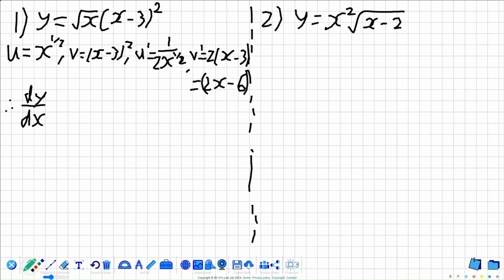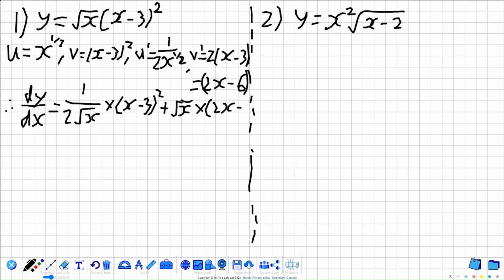I'm now properly using dy over dx because it's y rather than f dash x like I did earlier.